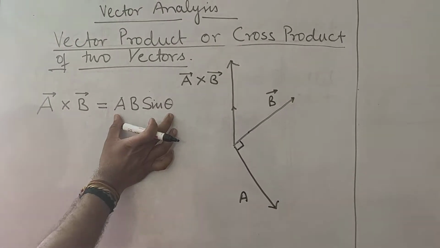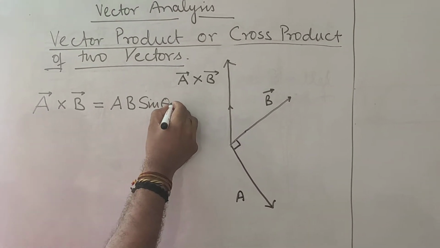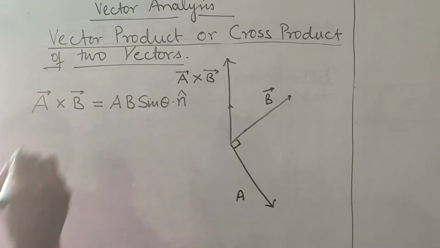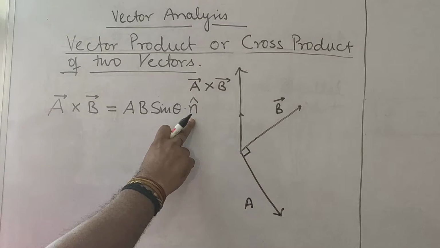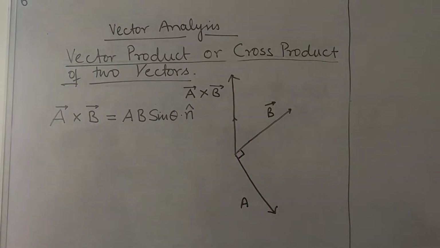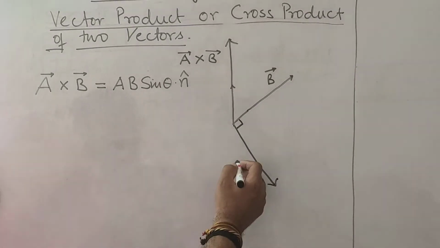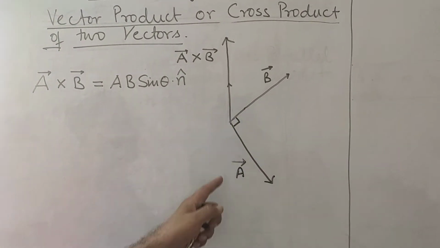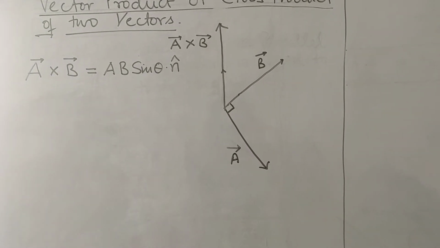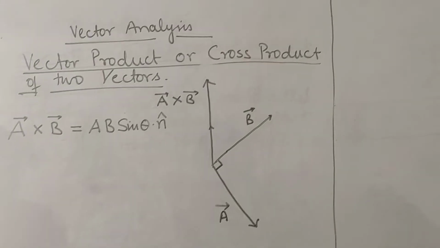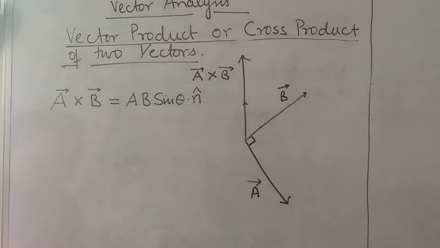You can say this is only magnitude, but here we will use a vector, that is unit vector, which is always perpendicular to A and B both. So vector A and vector B are lying in a plane, then their resultant is always perpendicular to A and B both.